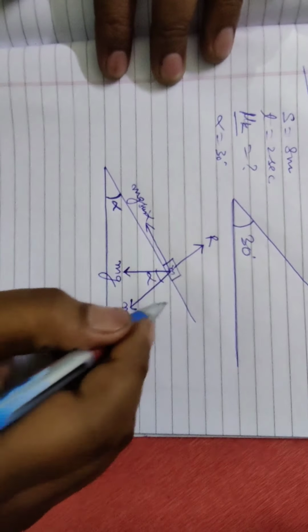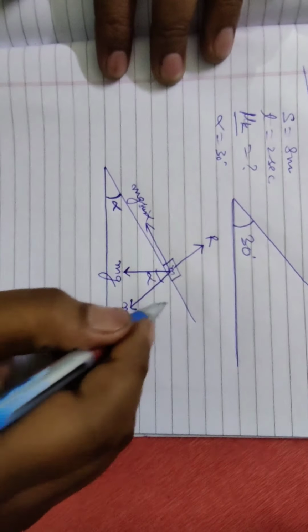And friction is mu k R. I am taking kinetic friction because the block is moving, so mu k R. So it will be equal to mu k mg cos alpha. Suppose this is the second equation.